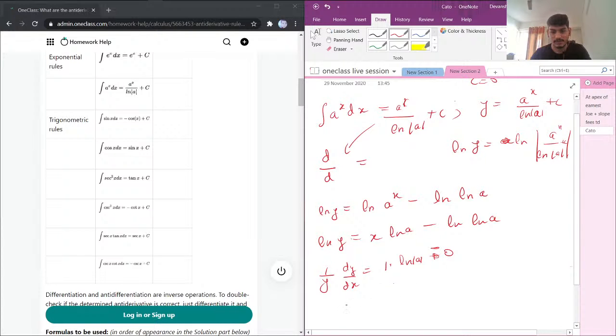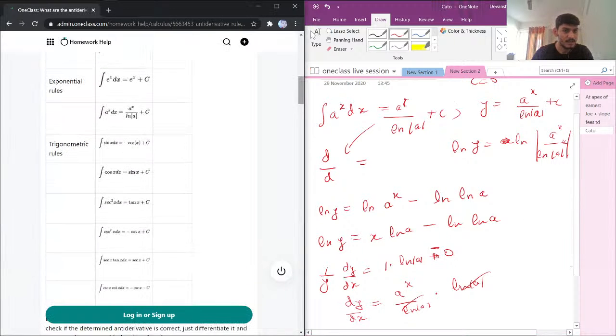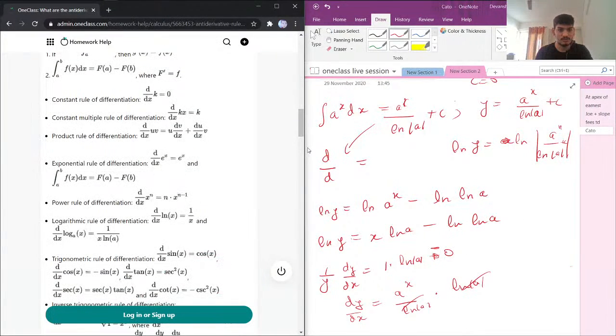So dy by dx equals y, which was a power x over ln of a, into ln of a. ln of a gets cancelled. Yeah. So this rule is also correct. In the same way, we can verify all the rules here. So let me just check the rest of them.